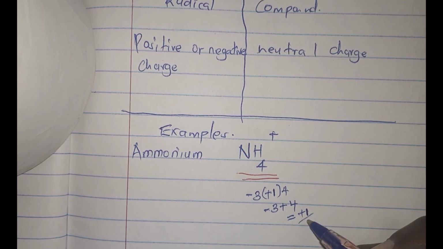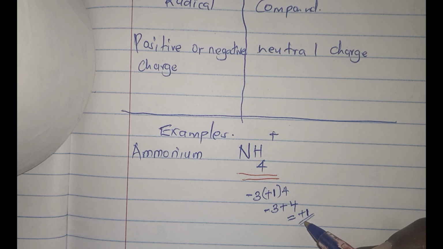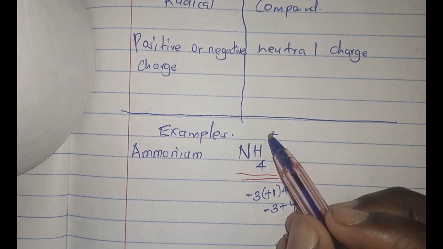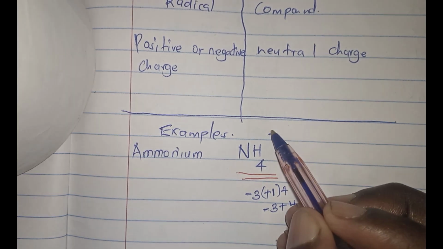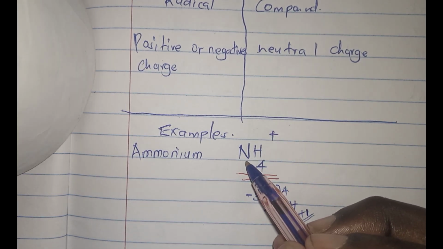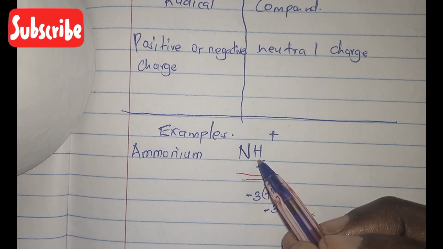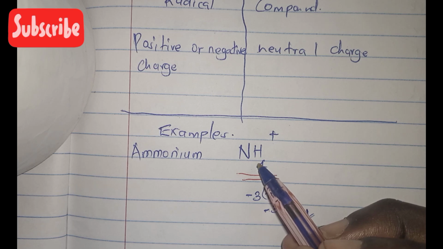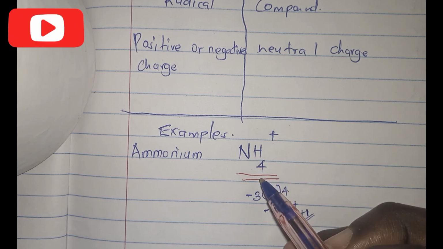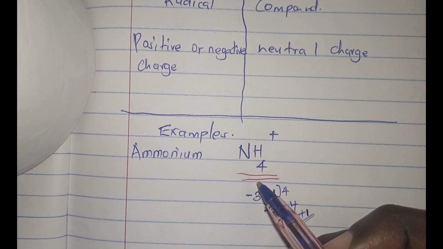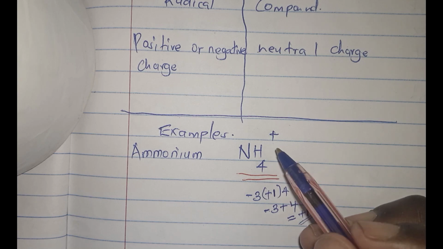This is the overall charge of this radical. There is no need to write 1, I'll just present it as a sign. The hydrogen atoms and nitrogen atom chemically combine together to form ammonium as a radical with a positive charge.